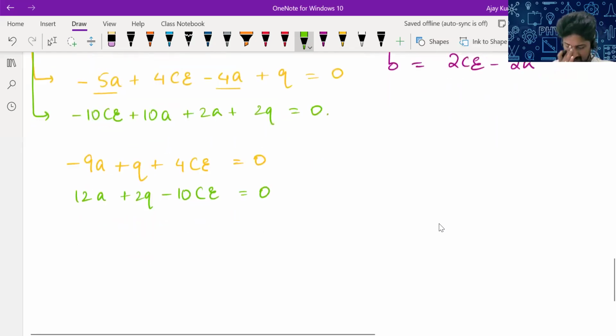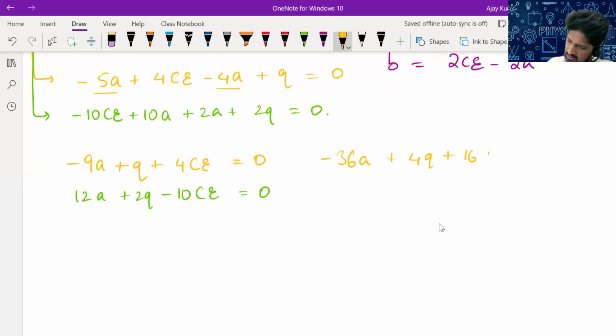Okay. 9 and 12, what can we do? We can multiply the first equation with 4, second equation with 3 and add them. First equation, if you multiply with 4, minus 36A plus 4Q plus 16CE is equal to 0. Second equation, you multiply with 3, 36A plus 6Q minus 30CE is equal to 0.